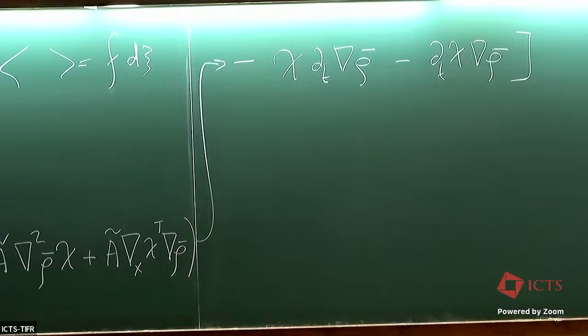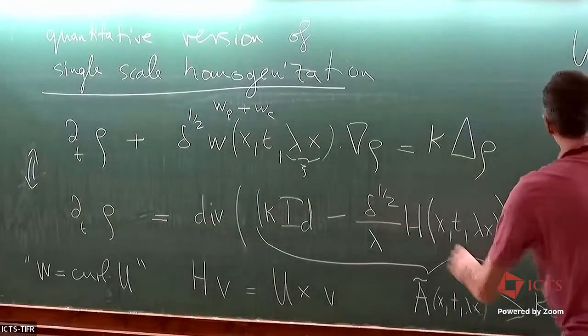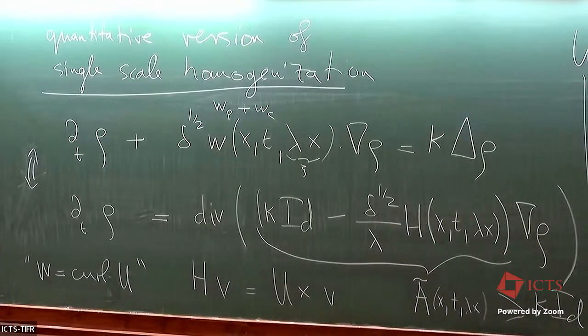Yeah, the A tilde has the kappa inside. Rho, you mean this one? Well, that one solves the equation. So I plug this in there, then there's no more rho. It's just rho bar or this term.